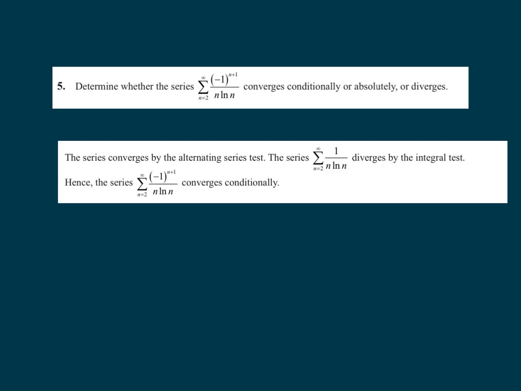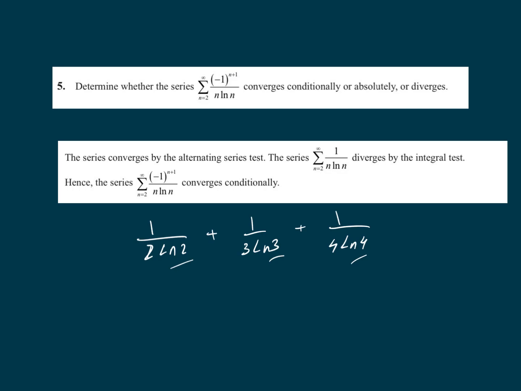It will be 1 divided by 2 natural log of 2, plus 1 divided by 3 natural log of 3, plus 1 divided by 4 natural log of 4. Natural log of 2 is positive, natural log of 3 is positive, natural log of 4 is positive. So the series is of positive numbers, as the theorem is asking us.